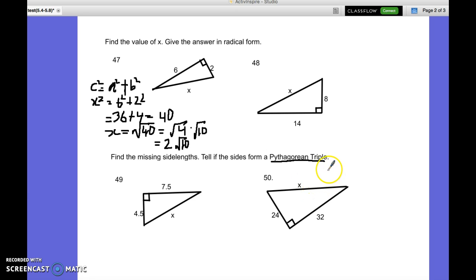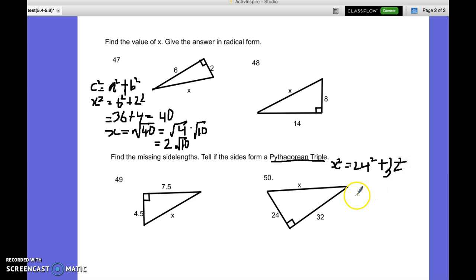So let's see what it would be. We'd say x squared, which is the hypotenuse, is equal to 24 squared plus 32 squared.